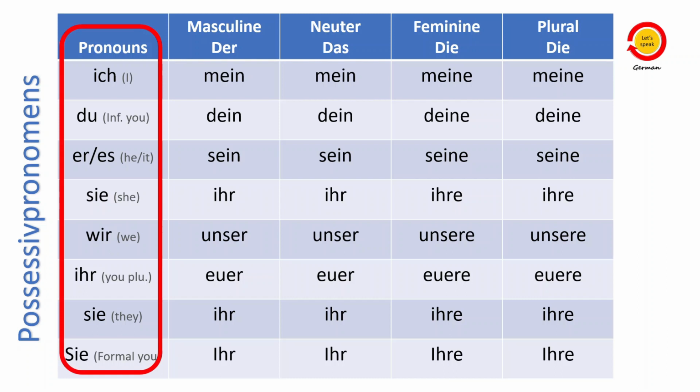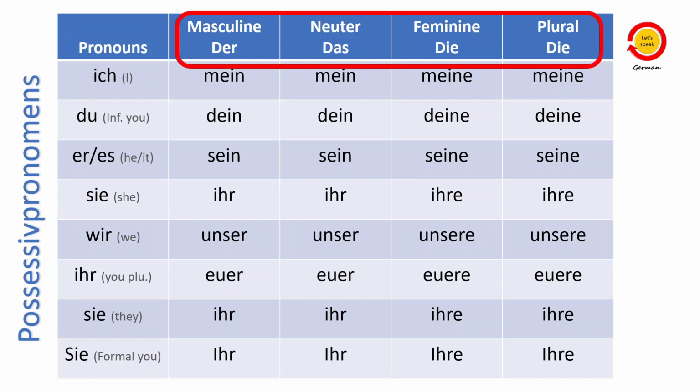This column indicates the pronouns. If you aren't sure how to use them, please refer to the lesson 2 of this series. Link is in the description below. Each row indicates the conjugation of masculine, neuter, feminine und plural forms of the pronouns respectively. We shall first go through this table and later apply them in the sentences.